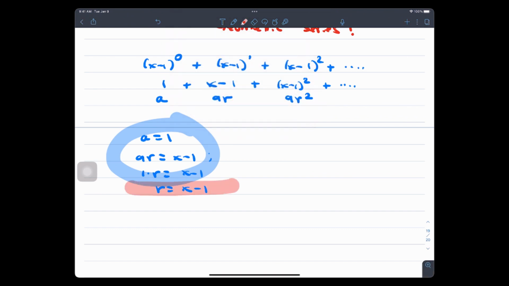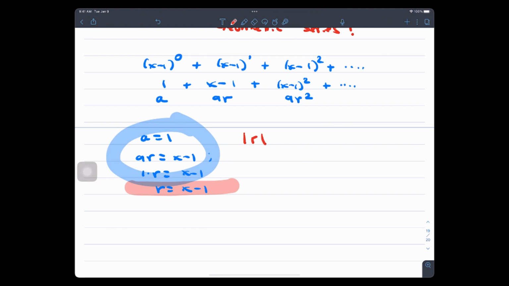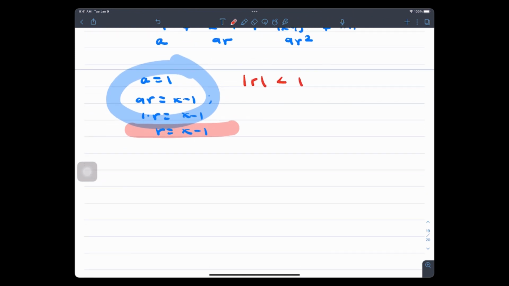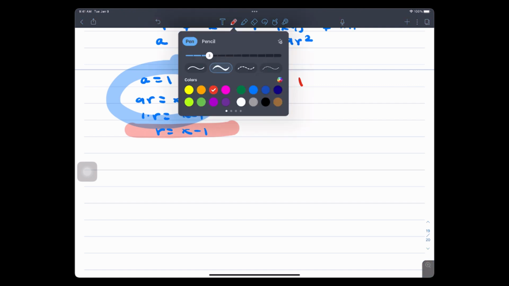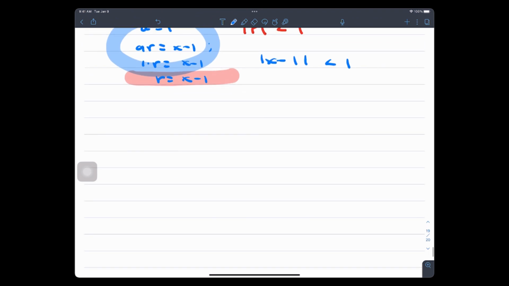When is your geometric series convergent? Do you guys remember? When the absolute value of r is less than 1. Is that right? Okay. What does that mean? The absolute value of x minus 1 needs to be less than 1. That's when you have convergence. But you're looking at the definition of an inequality, right?